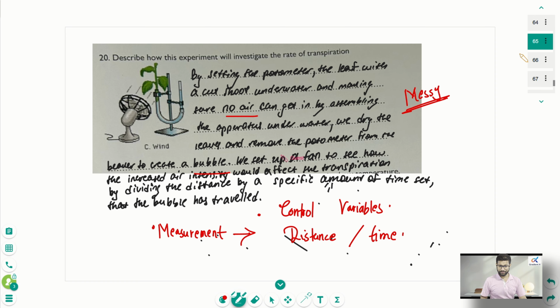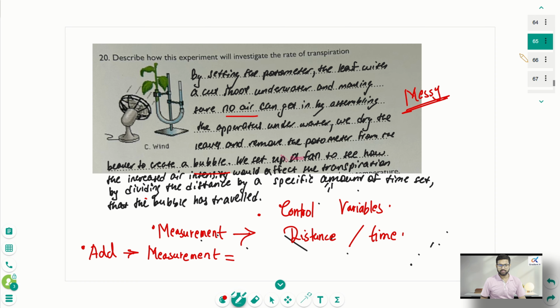And apart from that, you can add this point: the measurement. How is the measurement done? You measure the distance traveled by the bubble created, and you divide it by the specific amount of time. Exactly. Did you mention that? Yeah, but in a really messy way.